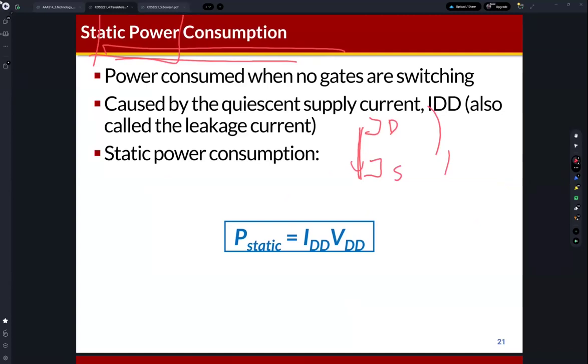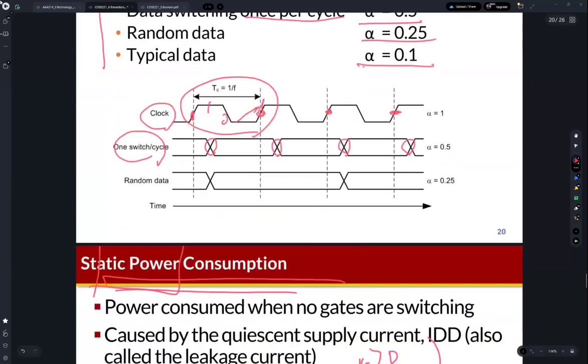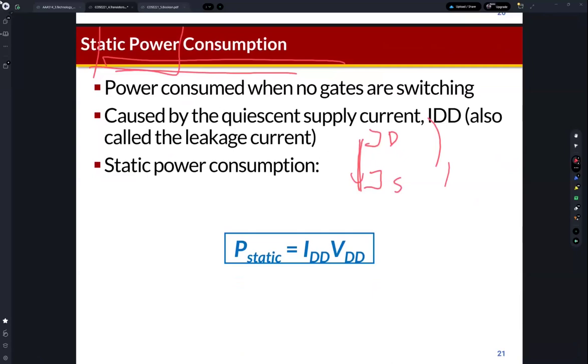We need to also consider the static power consumption. In the old computer systems, dynamic power consumption was critical, and the static power consumption was not critical. But recently, the static power also occupies a large portion of the total power consumption. This is the definition of static power consumption: the power consumed when no gates are switching.